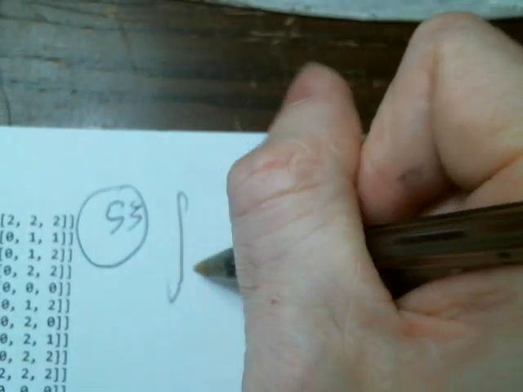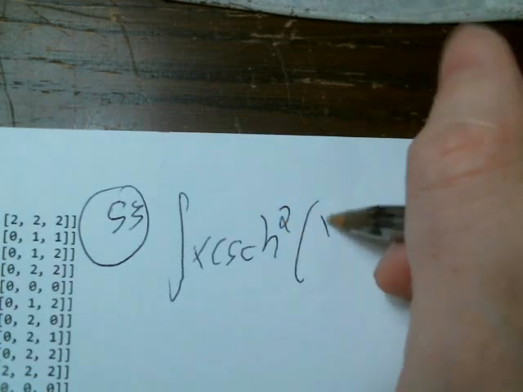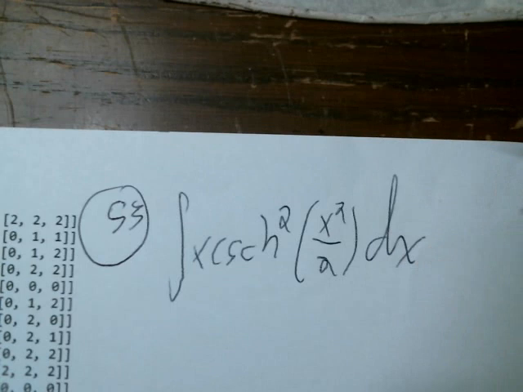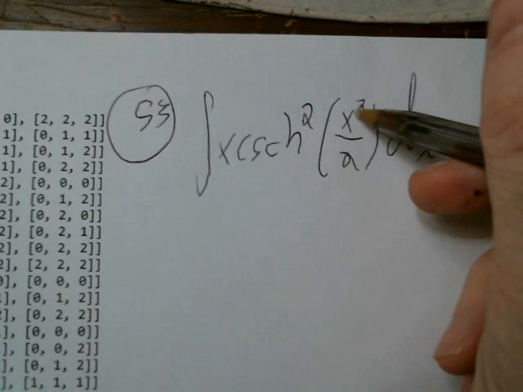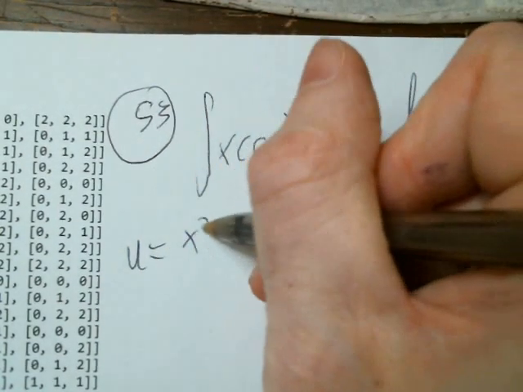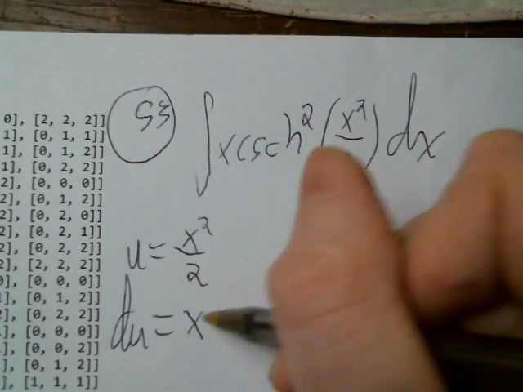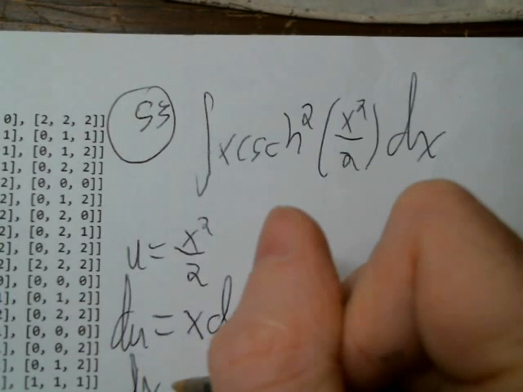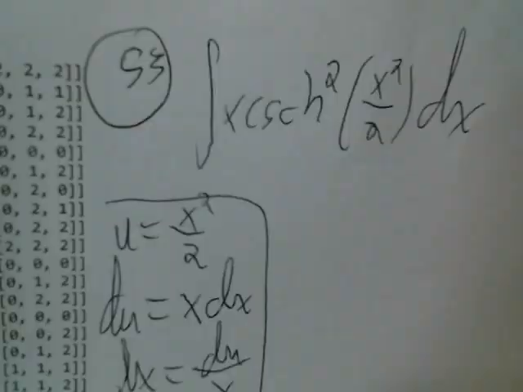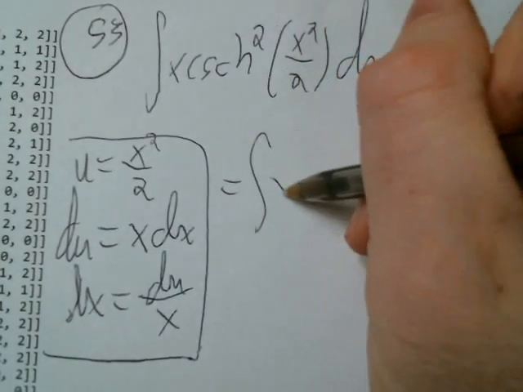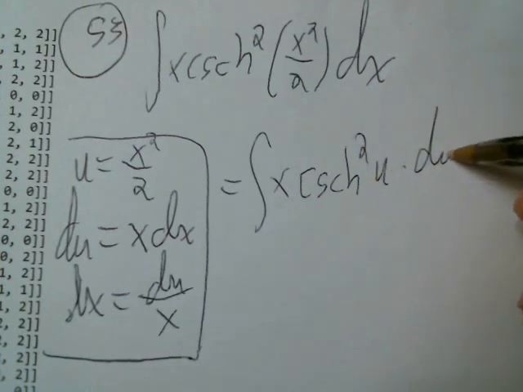Okay, so we have the integral of x times hyperbolic cosecant squared of x squared over 2 dx. Let u equal the stuff in the parentheses, so x squared over 2. Take its derivative. The differential du is 2x over 2, which will just be x dx. So dx is equal to du over x. Do your subs: x times hyperbolic cosecant squared of u times dx, which is now du over x.